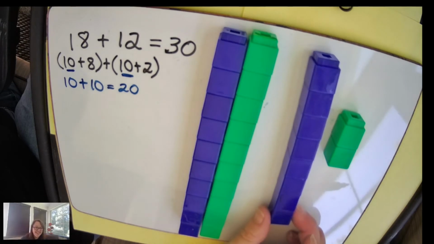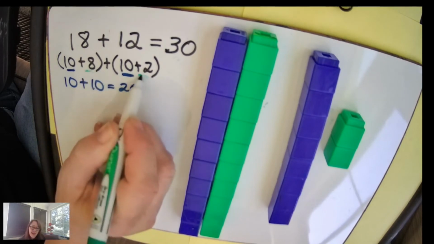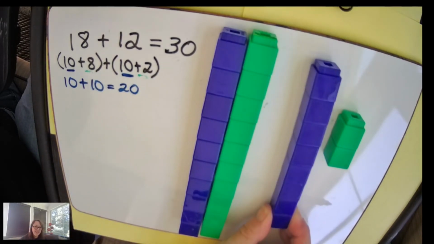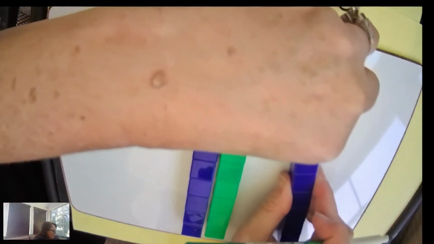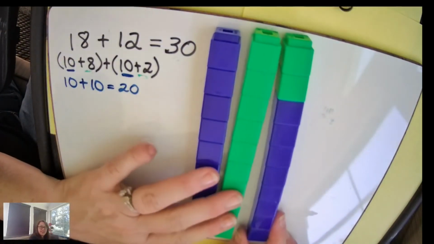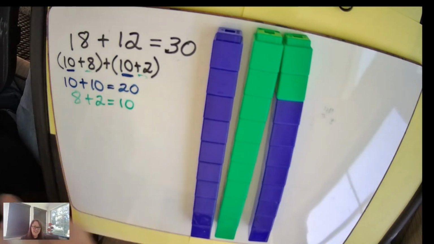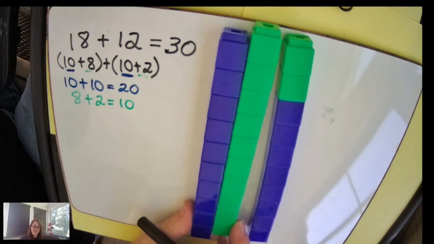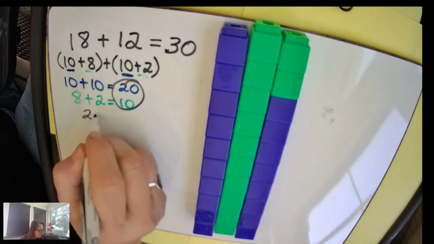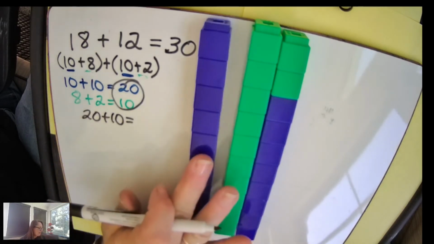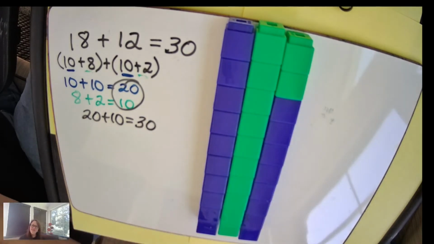Okay, so she says that when she was adding the ones, the 8 and the 2, she saw the 8 plus 2 more is just another 10. 8 plus 2 equals 10. So 20 plus 10 equals 10, 20, 30. Very good.